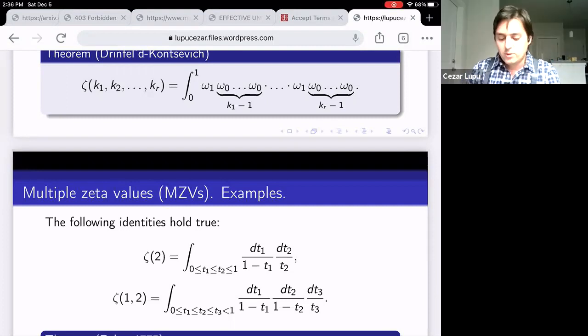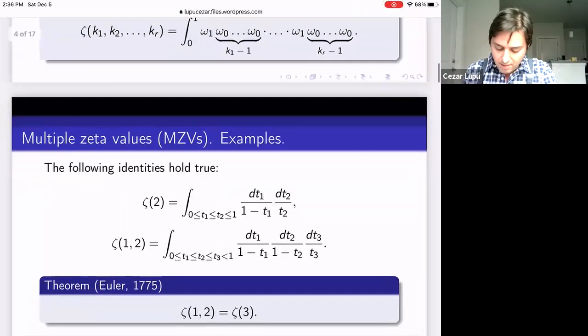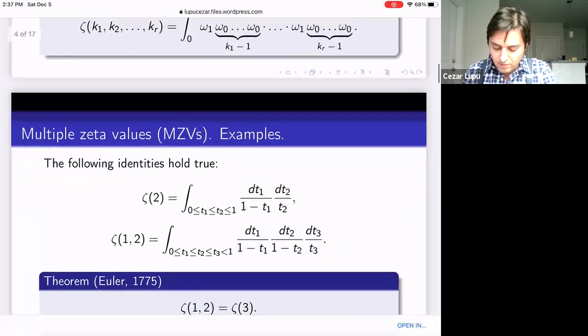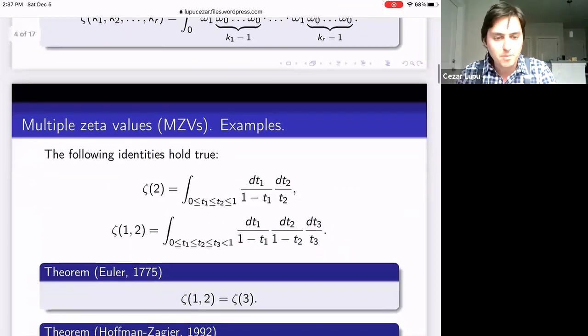As you can probably imagine, there are a bunch of operations that we can do with these multiple zeta values. We can multiply them, we can multiply their integral representations, and we can find relations between them. But anyway, we'll get there as well. The first theorem was proven by Euler.